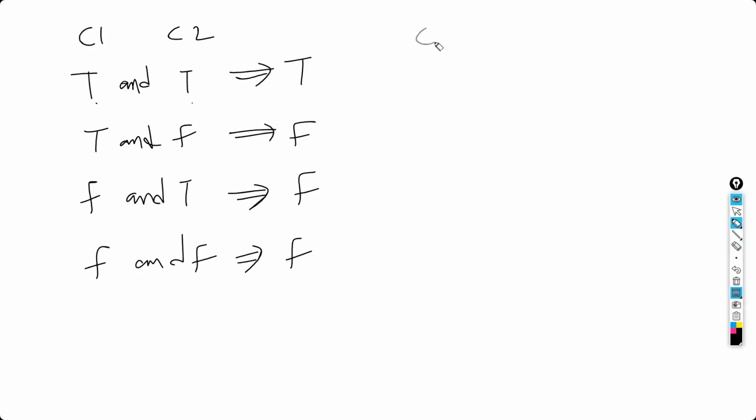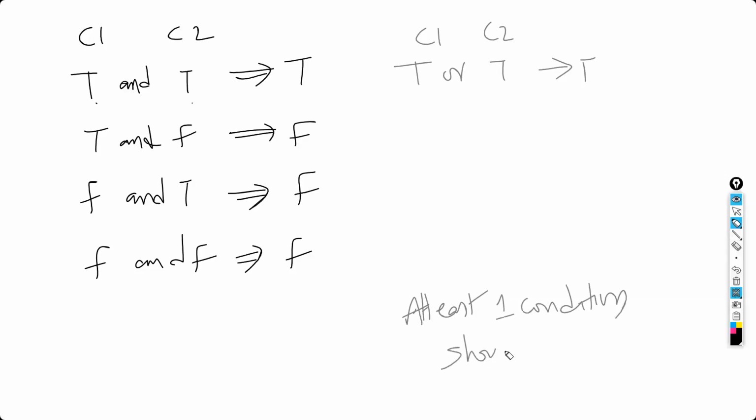Now coming to the or. For example, I have C1 and C2, two conditions. Out of the two conditions, if any one is true, the output is overall true. Any one should be true; at least one condition should be true.